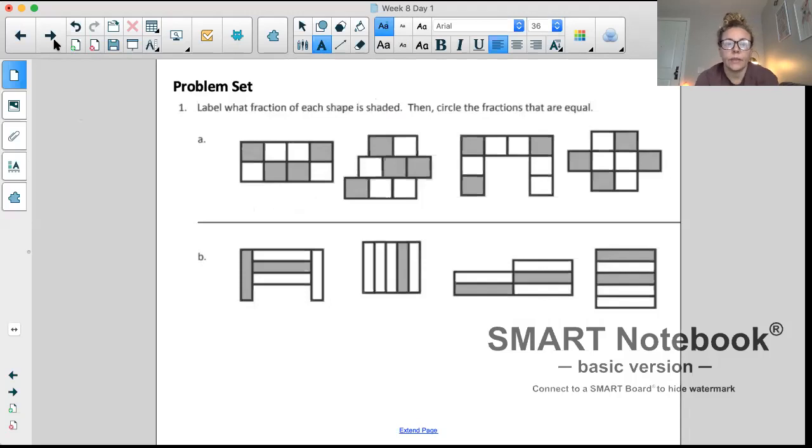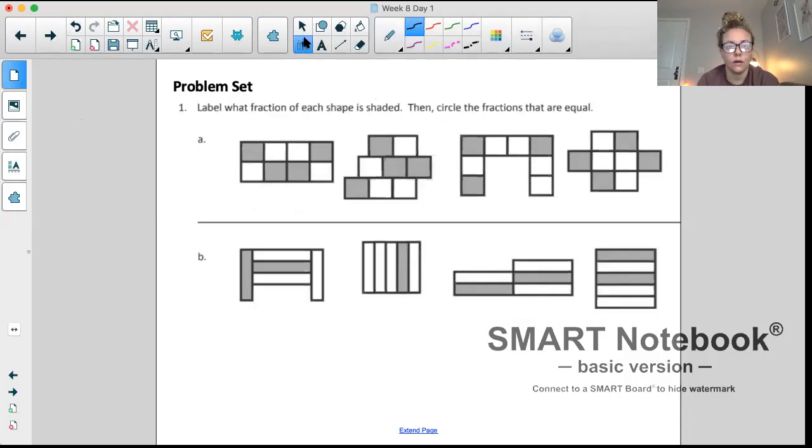Problem set. Label what fraction of each shape is shaded, then circle the fractions that are equal. So the first thing that we can notice here is that all of the pieces here are the same size. So we don't know if there's the same amount shaded in each, but we see each piece is the same size, which is the most important thing to notice right away. All right, so this has 1, 2, 3, 4 shaded parts.